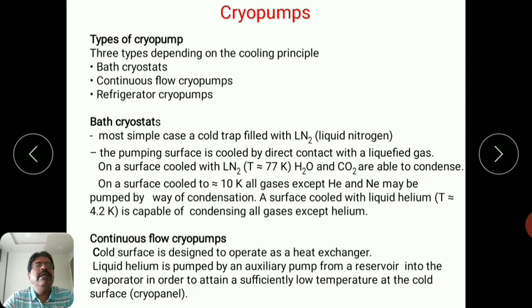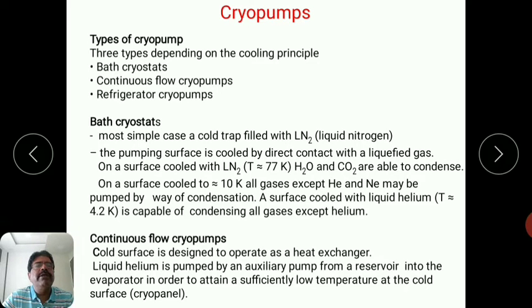So the second type is the continuous flow cryopump. Let us see how it works. In short, we shall discuss just its principle. The actual working we are not going to study here. Only refrigerator cryopumps we are going to study in detail. In the continuous flow cryopump, the cold surface is designed to operate as a heat exchanger, and here liquid helium is used.